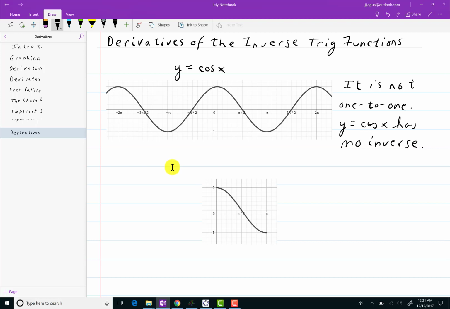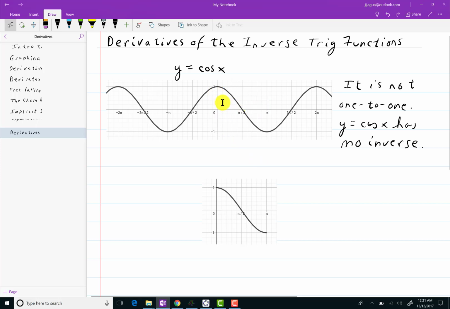Well, what we do is we cut it down to size. We pick a length of it that will somehow tell us everything there is to know about cosine of x, but be 1 to 1. So what we've done here, down here, this thing here is cosine, but it's only from x equals 0 to x equals pi.